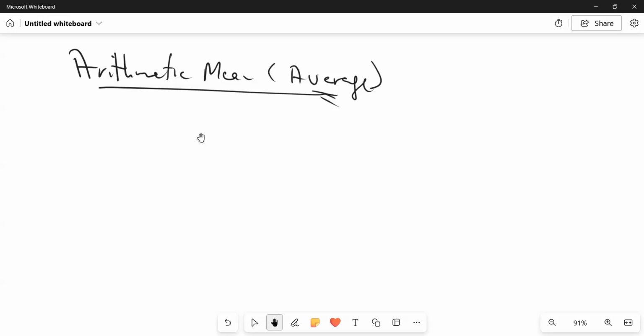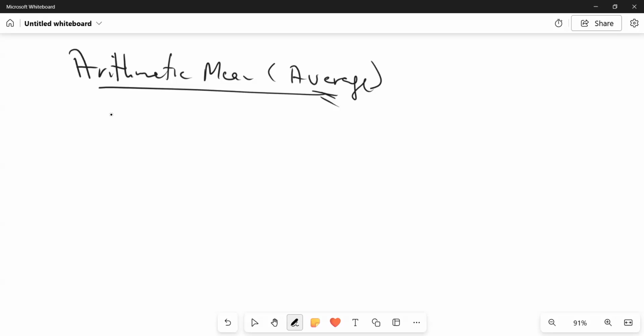It's basically a single number that you want to represent various scores. So let's say a cricketer, name a good Guyanese batsman.